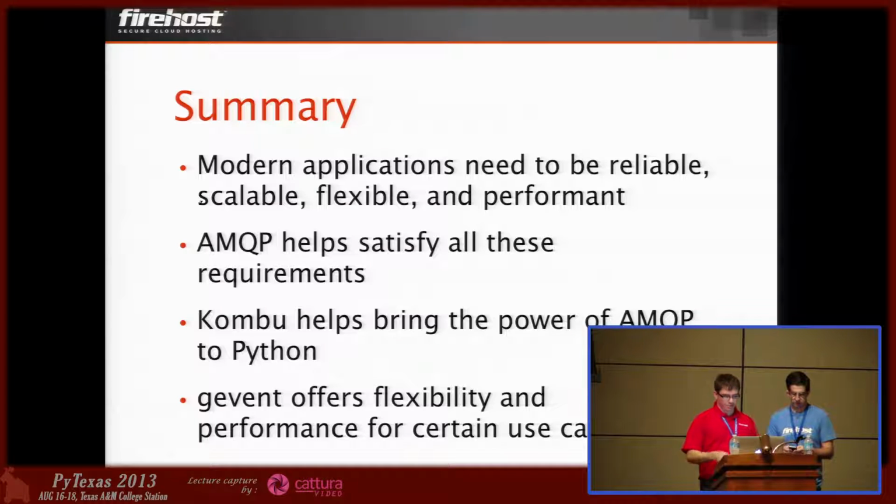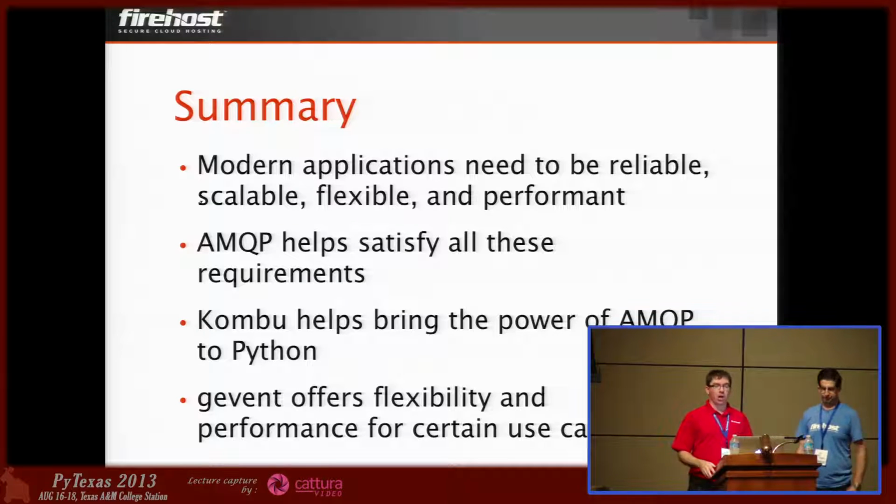To summarize what we're going to talk about, and why we're talking about AMQP and Kombu: the most obvious thing is modern applications need to be reliable, scalable, perform well, and be very, very flexible. We put this bullet in here so we had something painfully obvious to say right up front.